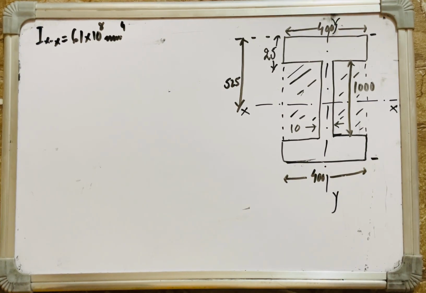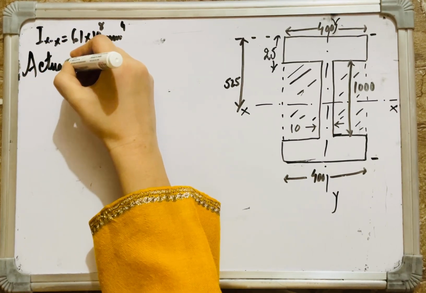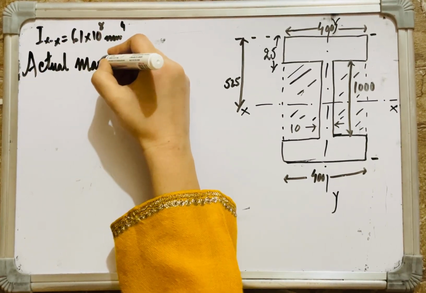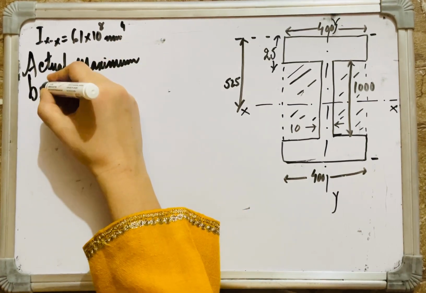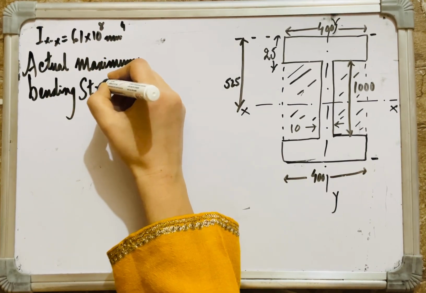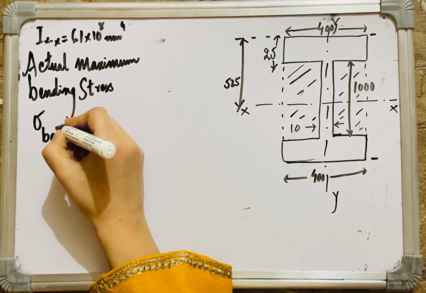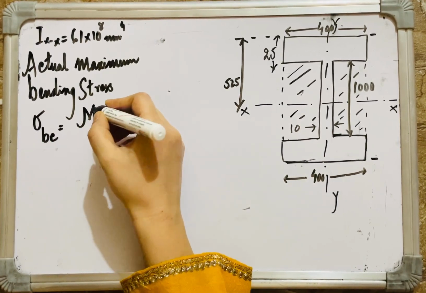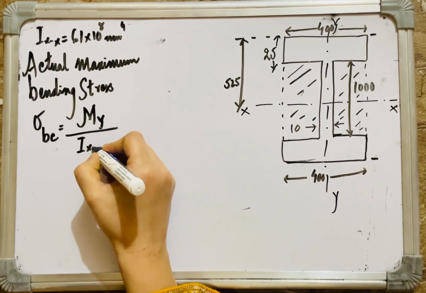Now the actual maximum bending stress is given by sigma BC, and this is equal to M times y divided by Ixx.